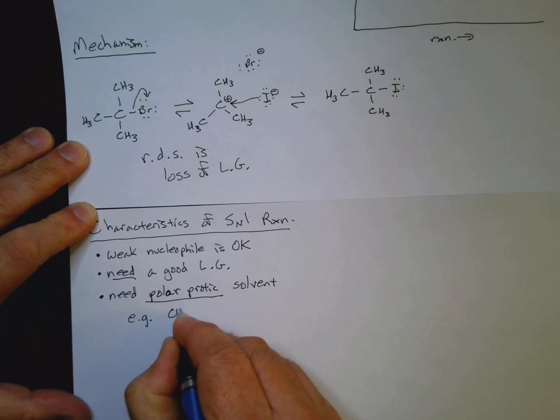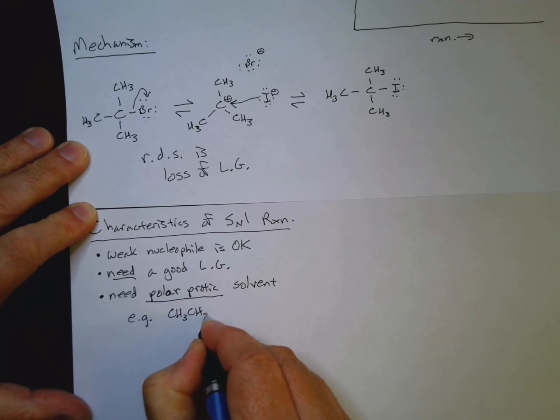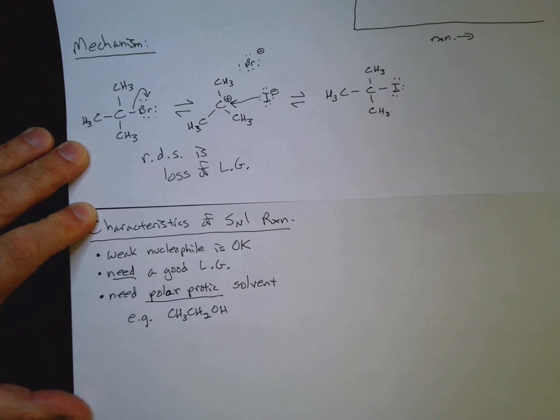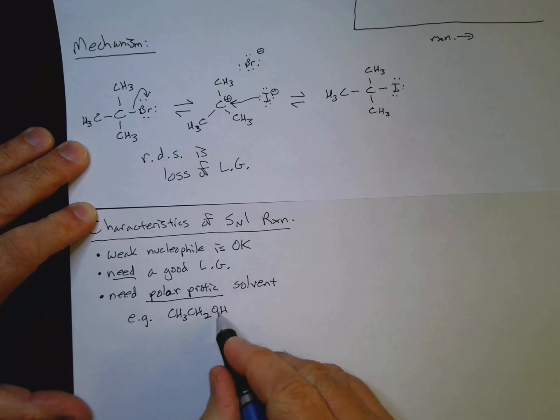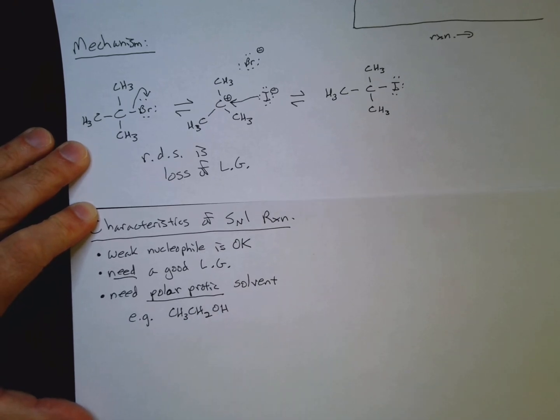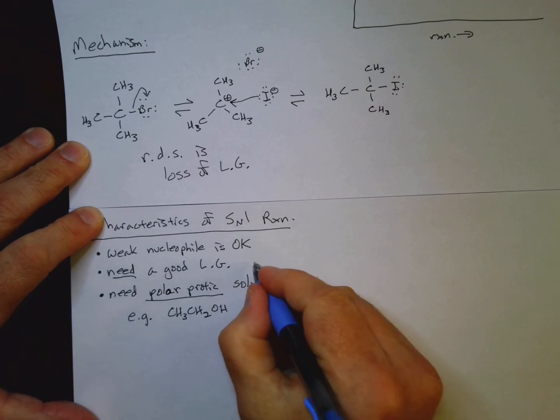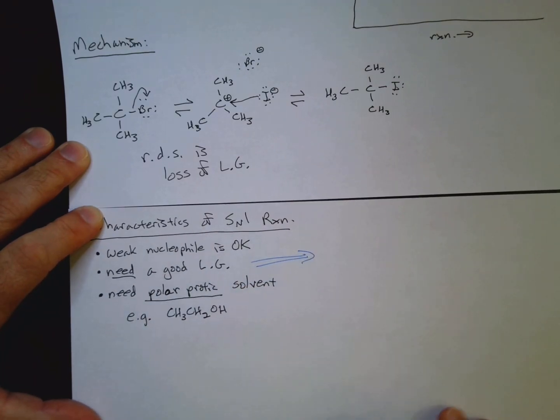For example, like ethanol, CH3CH2OH, water, methanol, something that has that hydrogen attached to an electronegative atom. Okay, we can look at some little details here.